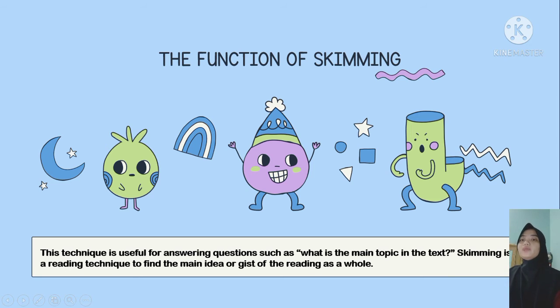Number 2, knowing people and opinions. Number 3, knowing the organization of the text. Number 4, getting the important parts that we need without reading the entire content of the reading. Last, number 5, a review of what we have read.